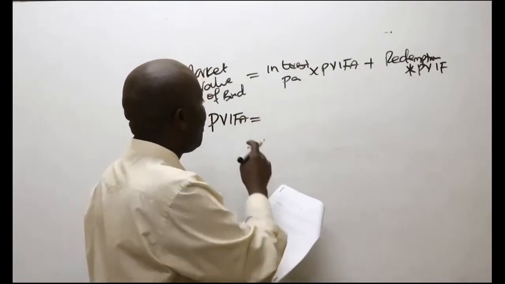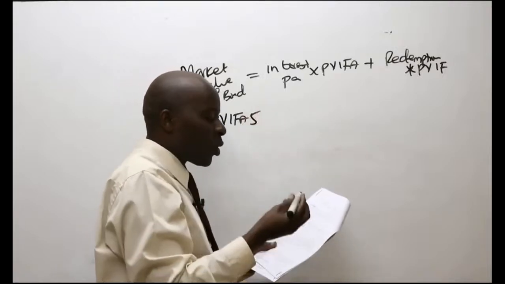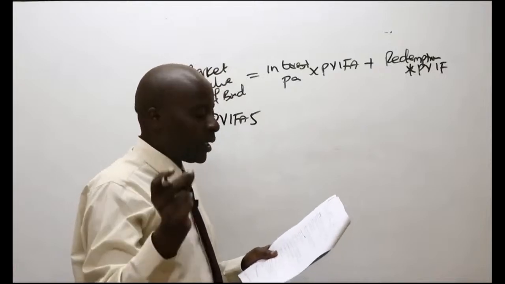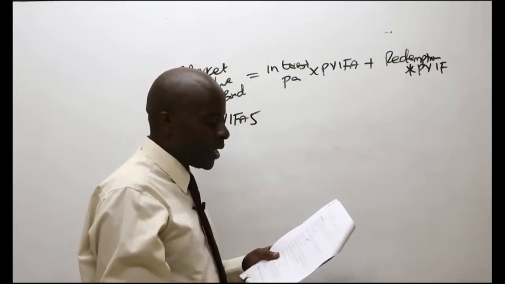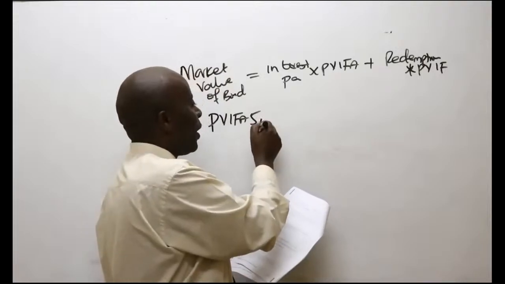How many years are we talking about here? 5 years. With what cost of capital? The cost of capital is the one that has been given there before required: they have told us the company's cost of debt is 7%. So 5 years, 7%.